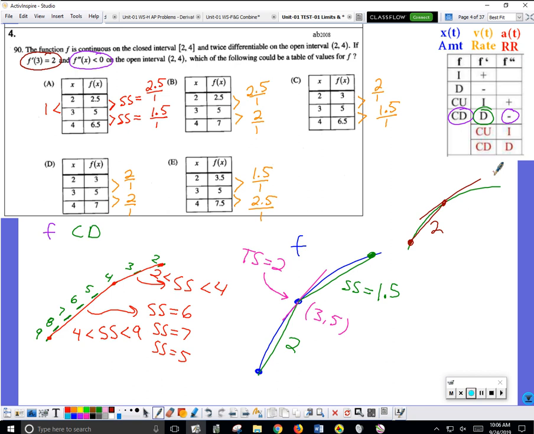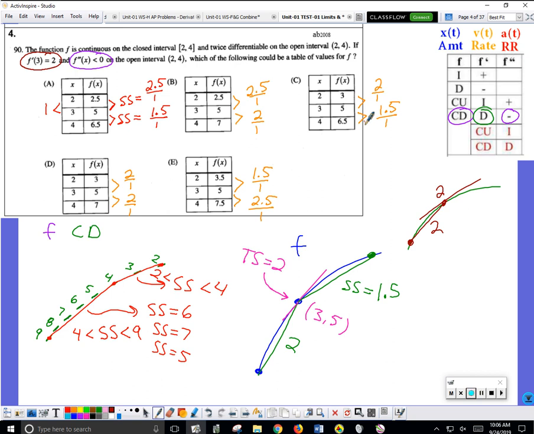Try to make those 2 lines have the same steepness. I think steepness is a word. You can't do it. The curve would not be concave down if that's happening. This slope can't be 2 when this slope is 2. So that curve cannot be concave down.